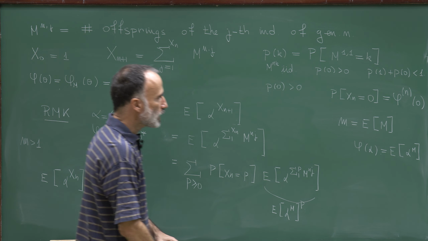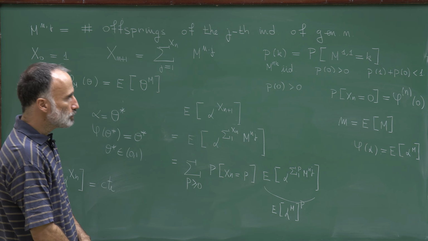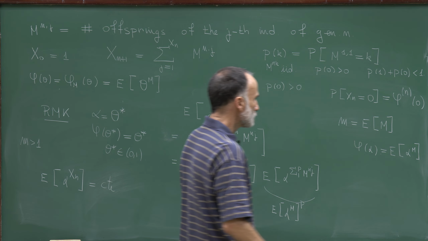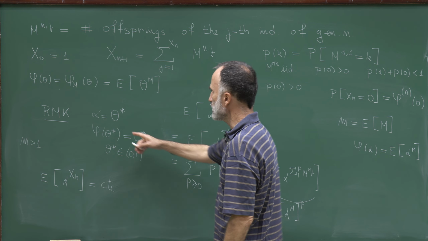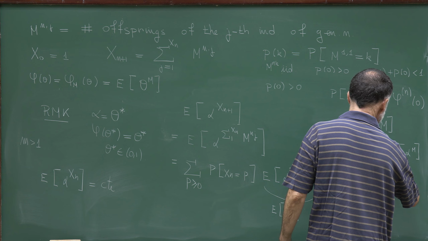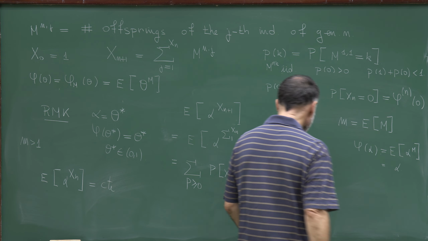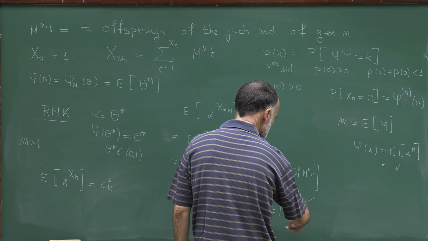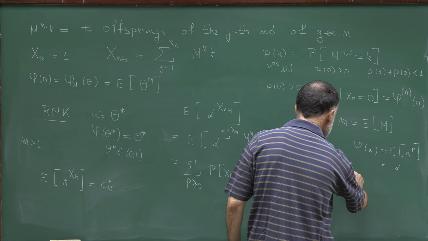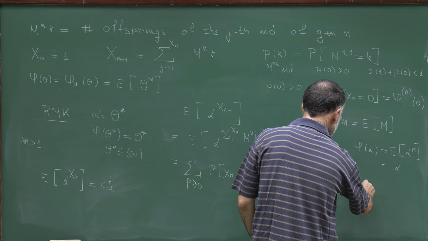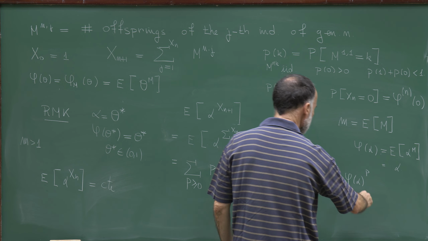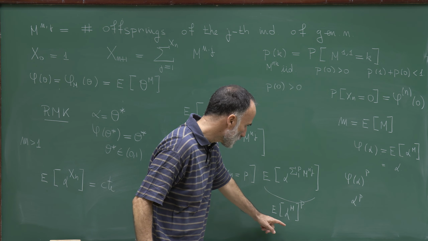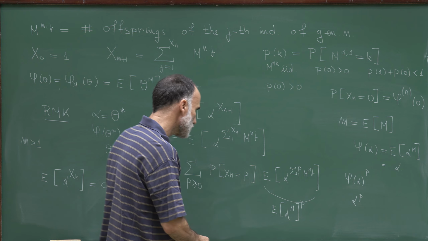The expectation of alpha to the power m is phi of alpha. And since alpha is theta star, the fixed point, this is equal to alpha. So what appeared here is phi alpha to the power p, but phi alpha is equal to alpha, so this is alpha to the power p.